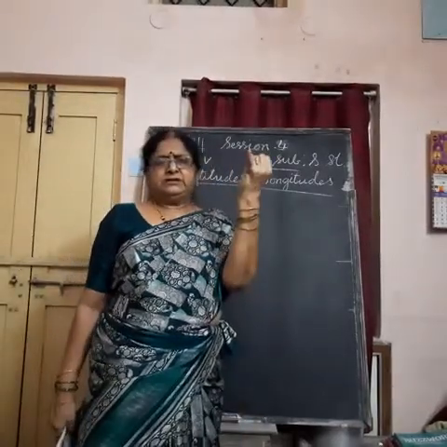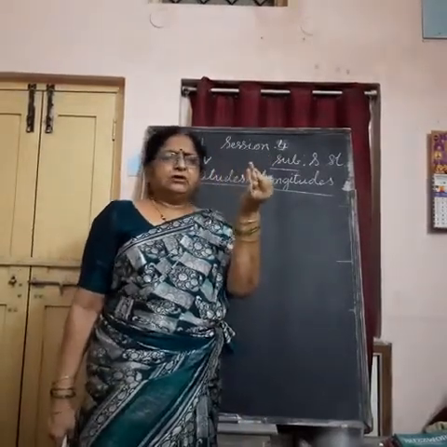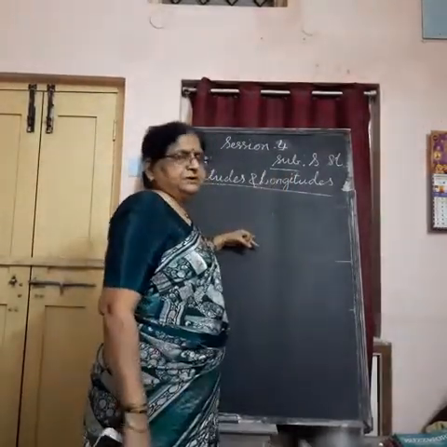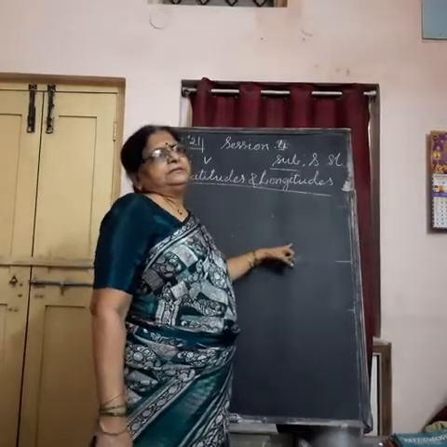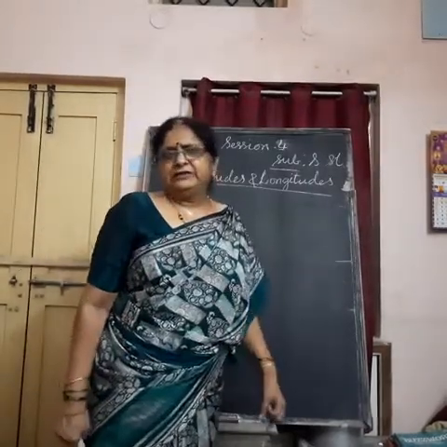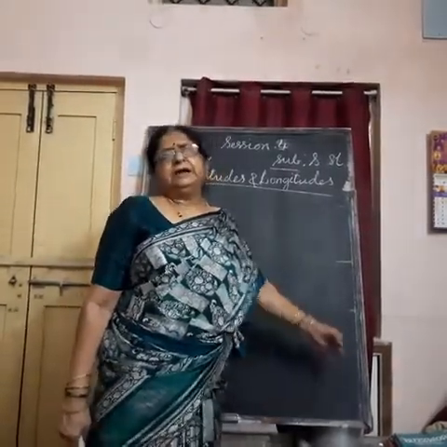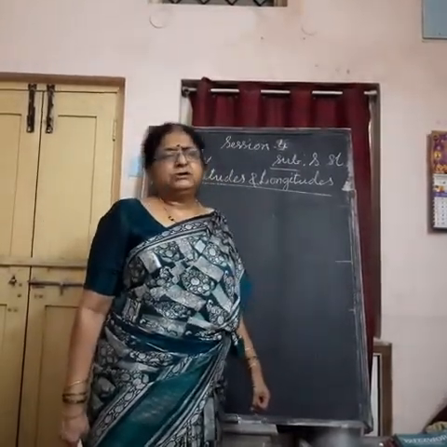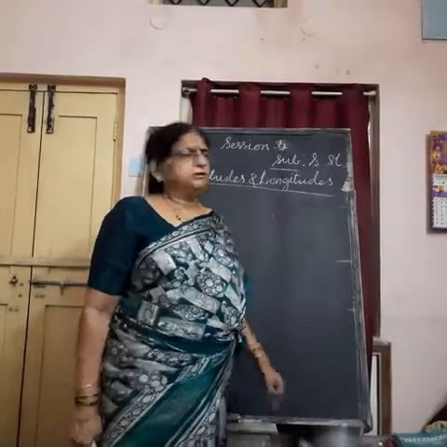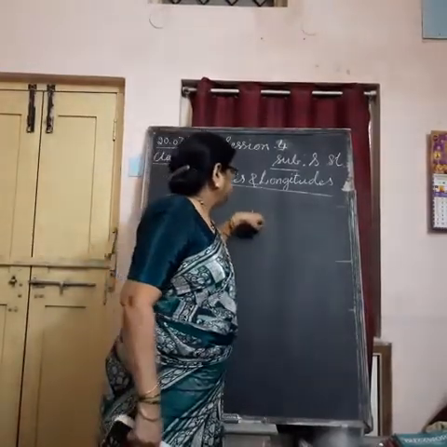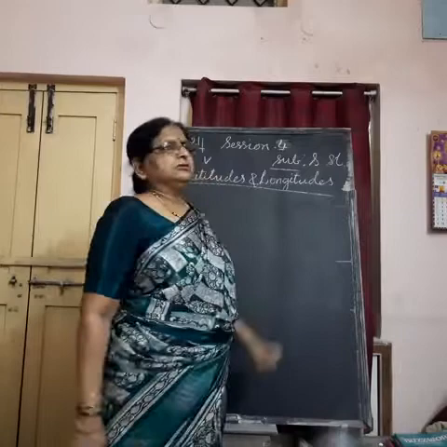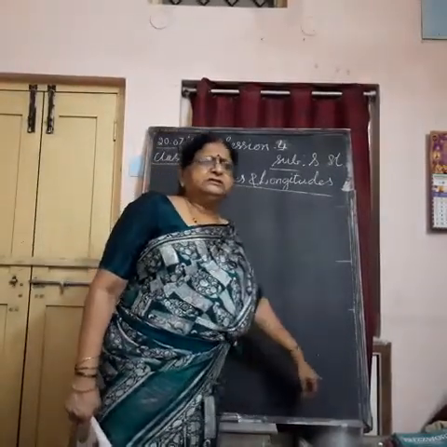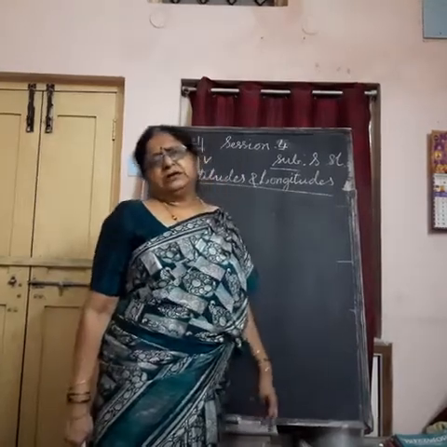One is the equator, second is the Tropic of Cancer, in the northern hemisphere at 23.5 degrees north latitude, and 23.5 degrees south latitude is called Tropic of Capricorn. 66.5 degrees latitude in the north is called Arctic Circle, and 66.5 degrees south latitude is called Antarctic Circle.